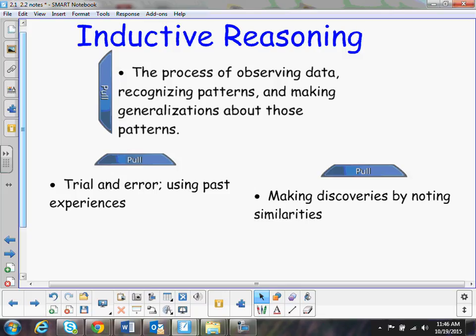So your generalization, sometimes there could be two different generalizations based on what's given.